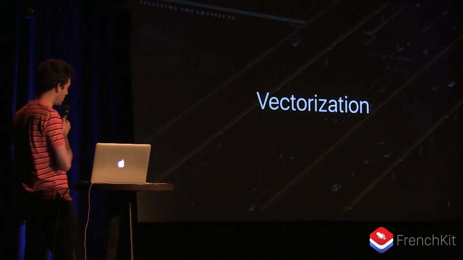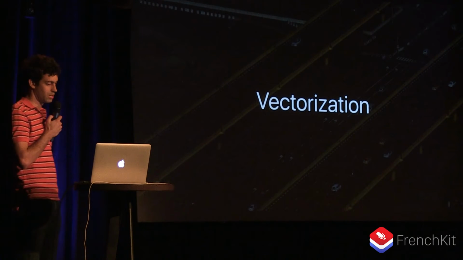Yes, there is a way to do faster. So we're going to talk a bit about vectorization. What is vectorization? Your CPU usually can do 1 operation at a time. But modern CPUs, modern as in the past couple of years, have vector instructions.